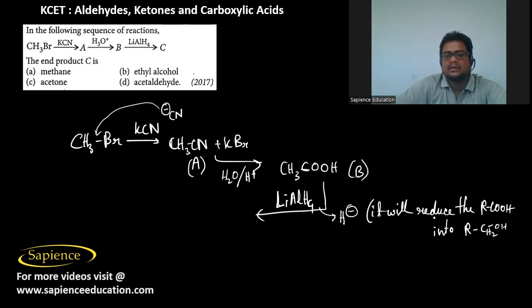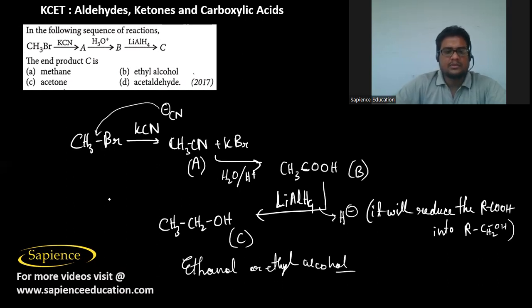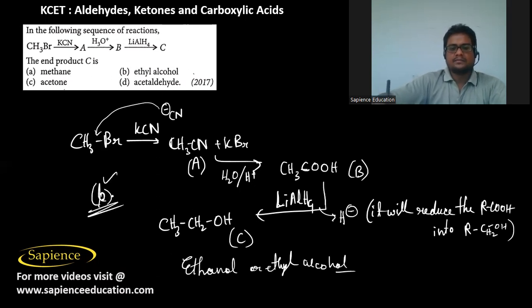It means it will convert it into primary alcohols. So it will form CH3CH2OH, which is the end product C, which is ethanol or ethyl alcohol. So option B is the correct answer.